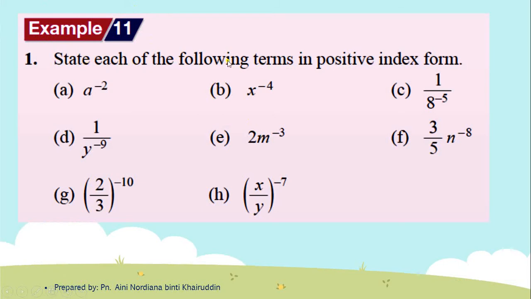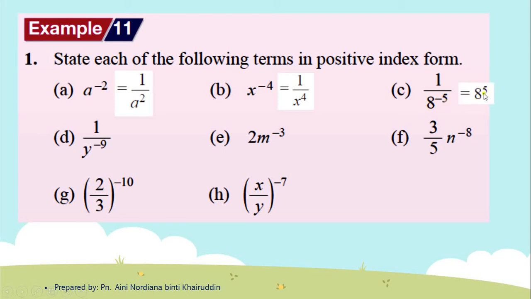State each of the following terms in positive index form. So a to the power of negative 2 is actually 1 over a to the power of 2. For B, 1 over x to the power of 4. C, this question, we just write as 8 to the power of 5.